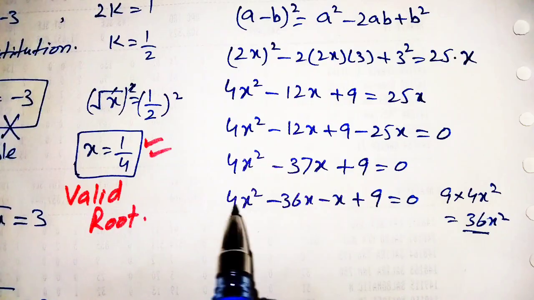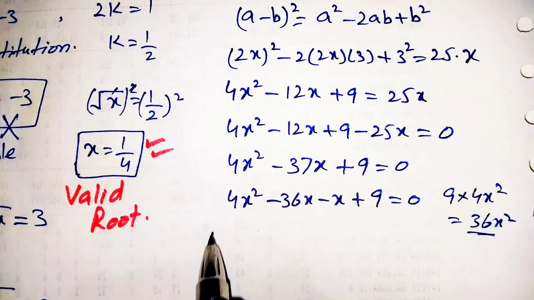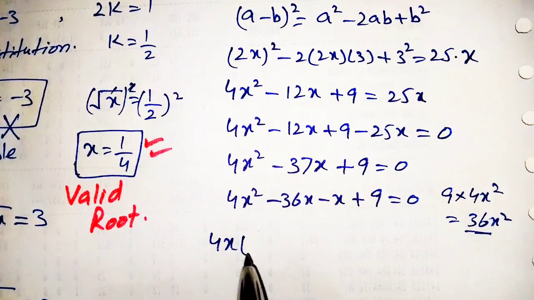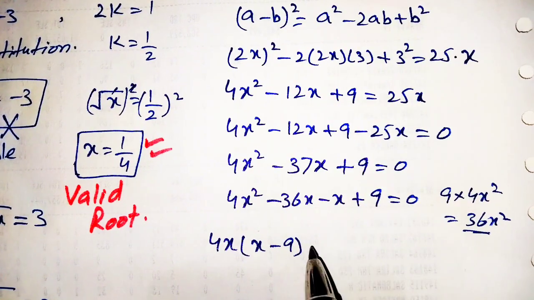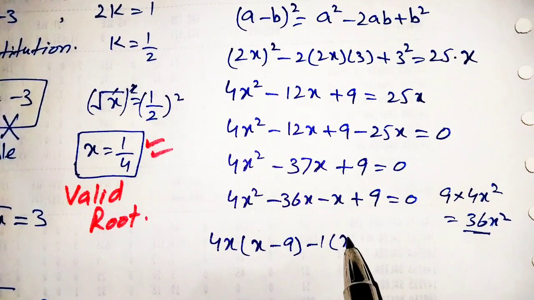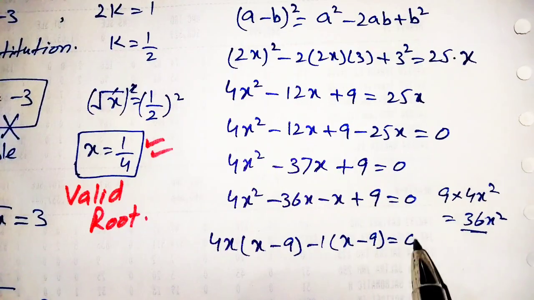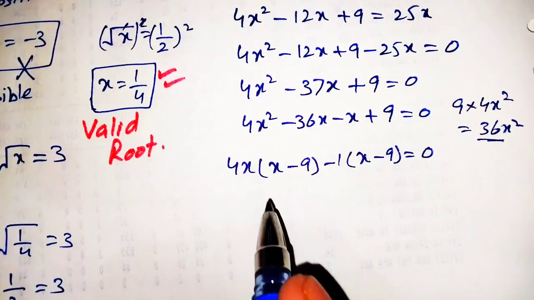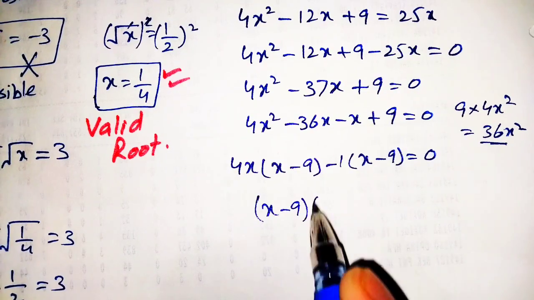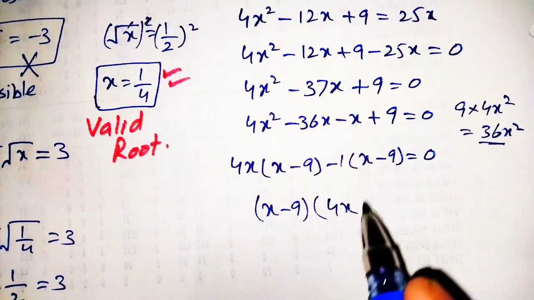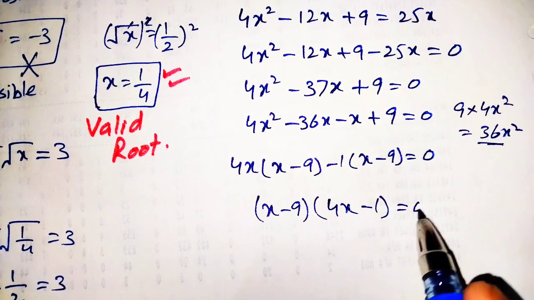Now we will take 4x common from these two, and we will get, after taking 4x common here, x minus 9, and we will take minus 1 common from these two and we will get x minus 9, which is equal to 0. And again taking x minus 9 common, we will get 4x here and minus 1 from here is equal to 0.